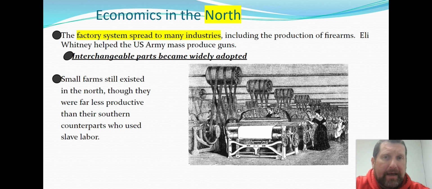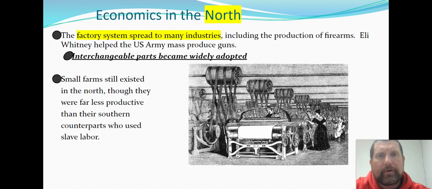We see advents like, again, the cotton gin, but also interchangeable parts, meaning that the United States and its northern cities in particular is able to become even more robust in its manufacturing. Small farms still exist, sure, but we see the firearm industry, we see the textile industry in particular, and we're going to see a number of other industries set to explode here based upon the system that is put in place when interchangeable parts come in, right?